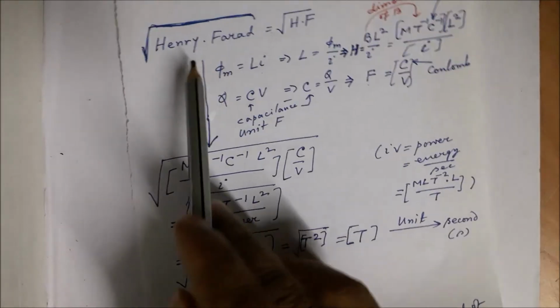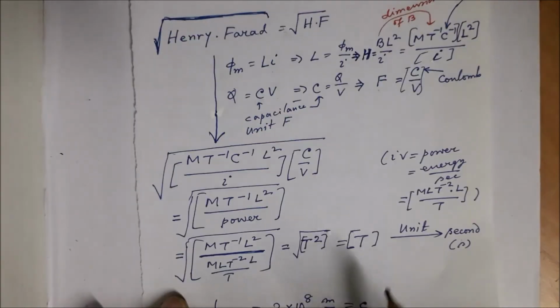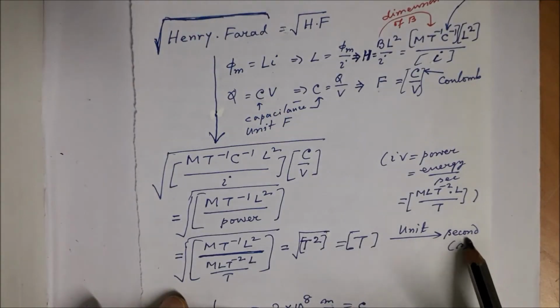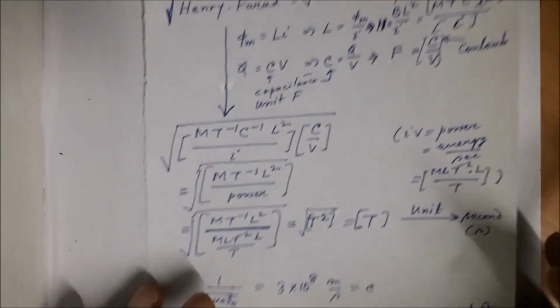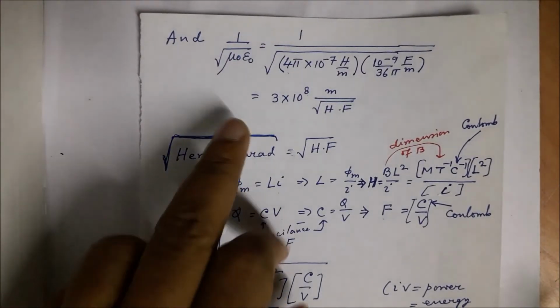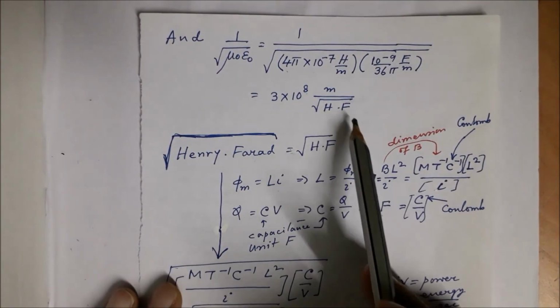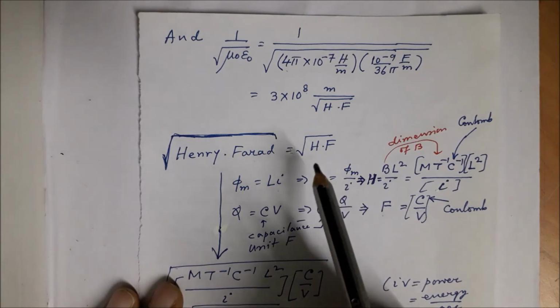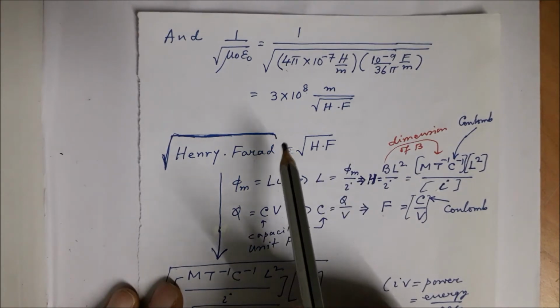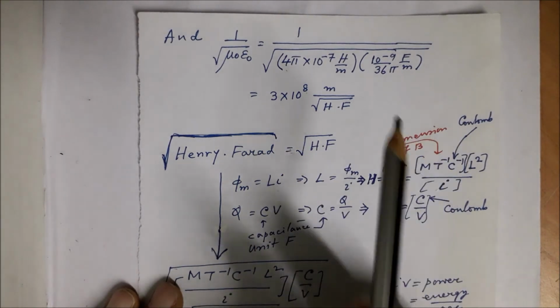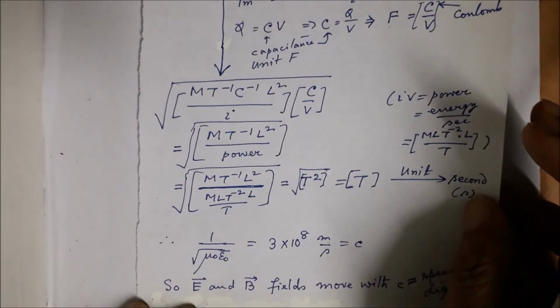So under root Henry into Farad, we can show that it turns out to be second. So the speed of light follows from Maxwell's equations, where field E and B were being discussed.